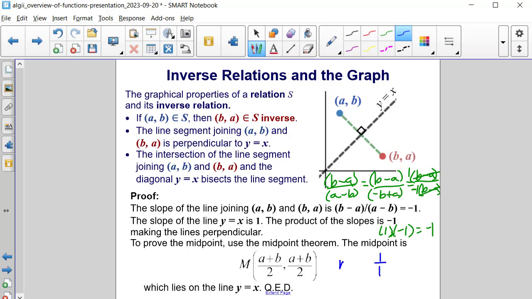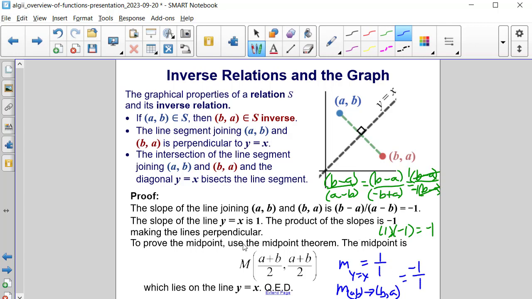And then the slope connecting AB to BA is equal to -1 over 1. So if I flip 1 over 1 over and change the sign, it becomes -1 over 1.